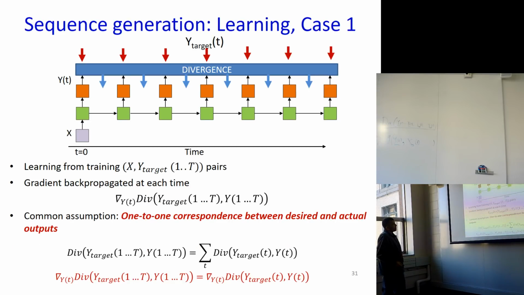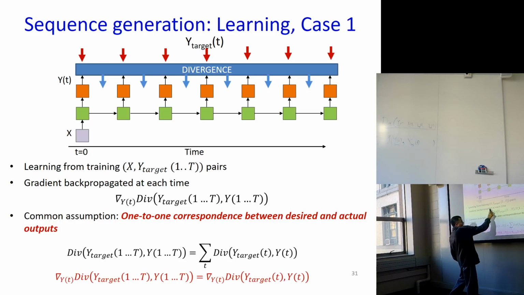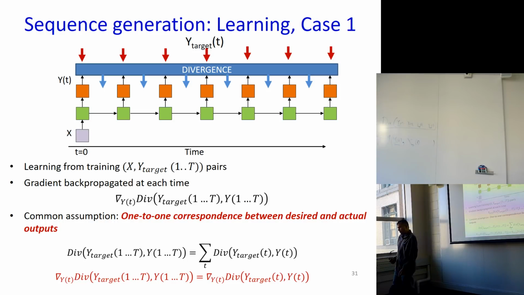So here, if I wanted to learn this, now the forward computation is straightforward. I give it the input, I just produce the outputs. But if I'm trying to learn the parameters of the network, then again, I'm going to have examples where I have the trigger input and the sequence of outputs that I would like to see in response to this trigger input. And the sequence of outputs is going to have some length.